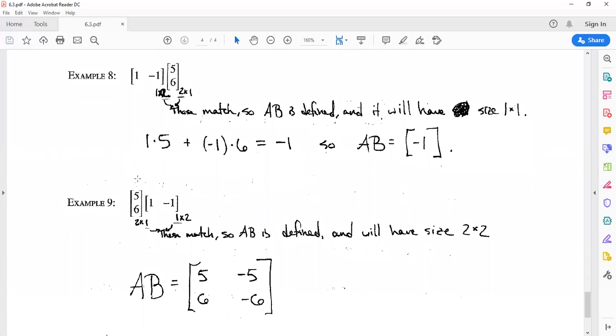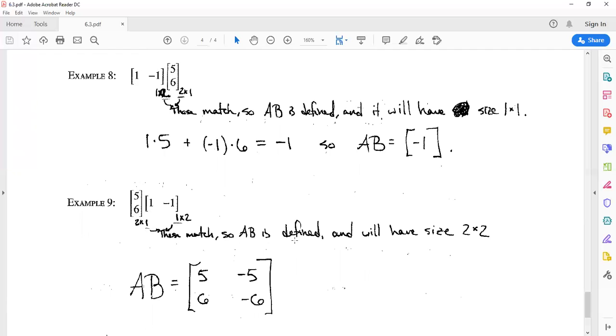Okay, but this last example is kind of nice because it takes the previous example and interchanges the order of the two matrices. And let's wonder first, can you even do the product the other way? Well, luckily, the first matrix is a 2 by 1, and the second matrix is a 1 by 2, so those inner numbers are going to match, 1 and 1.